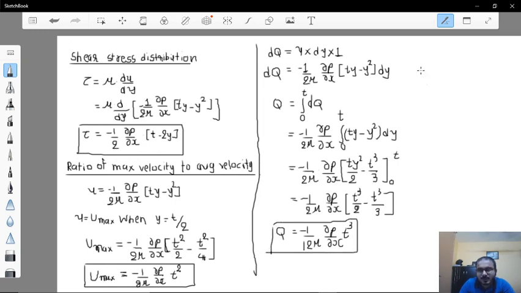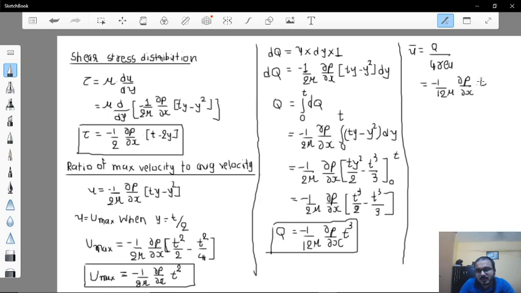Now we require to obtain the average velocity. So the average velocity should be u bar is equal to Q upon area, that is equal to minus 1 upon 12 mu del p over del x into t cube over area, which will be t cross 1 total area.